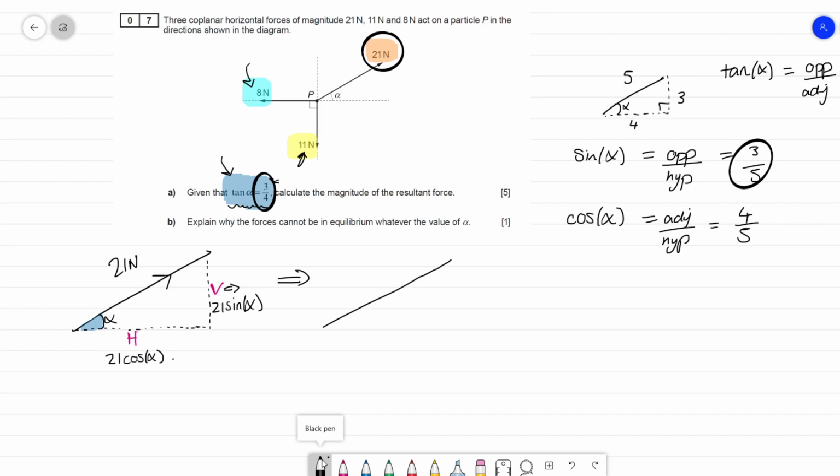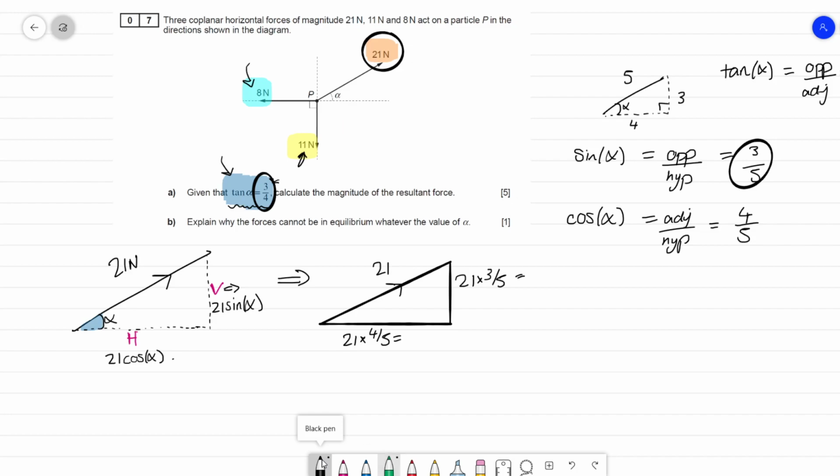So in this triangle, I've got 21 over here. This is going to work out as 21 times sine alpha, which is 3/5. This is going to work out as 21 times 4/5. Might try and do this mentally, that's brave, isn't it?